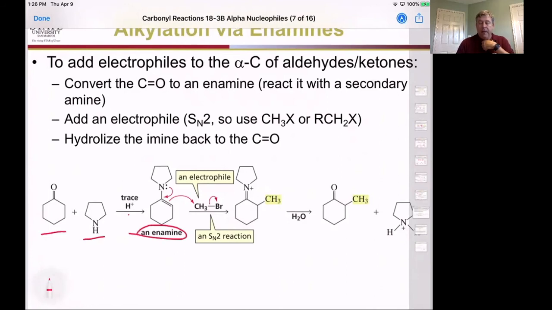Our enamine is now the nucleophile, and it can displace through SN1, SN2 type reactions to generate our substituted group at that place. Note it only creates the enamine on one side, so it's only going to get a mono substitution. Then all we have to do is add a little water at the end of the reaction with acid to generate our free ketone.